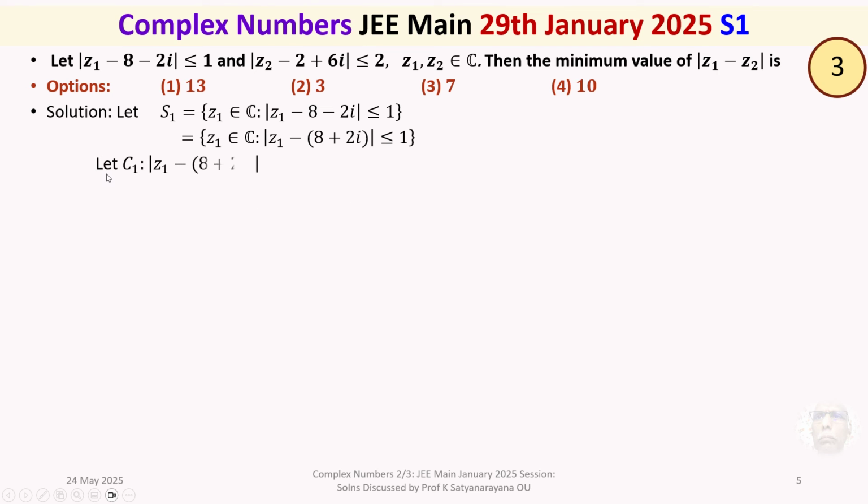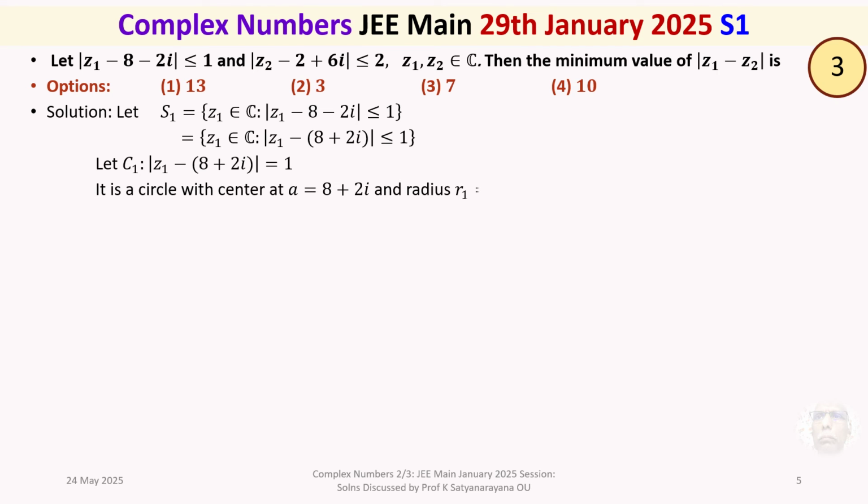Let C1 be the set of all Z1 such that modulus of Z1 minus in brackets 8 plus 2i is equal to 1. And what is this? It is a circle with a center at 8 plus 2i and a radius 1.